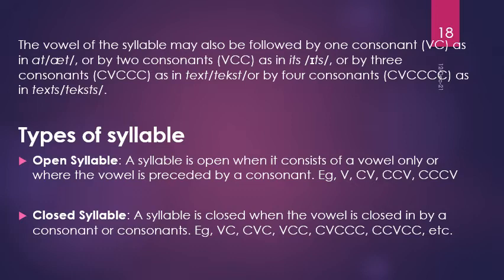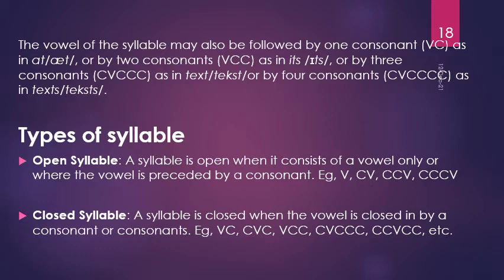We have two types of syllables: open syllable and closed syllable. An open syllable is when a syllable consists of a vowel only, or where the vowel is preceded by a consonant.